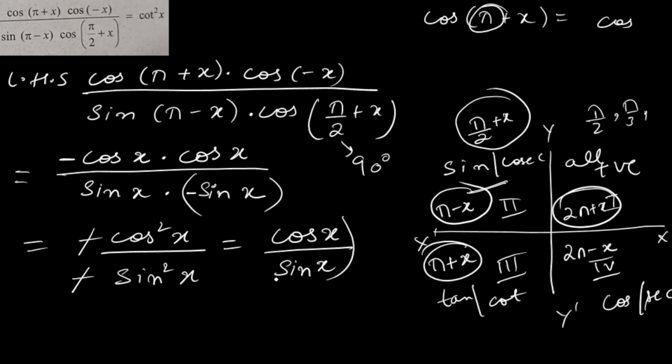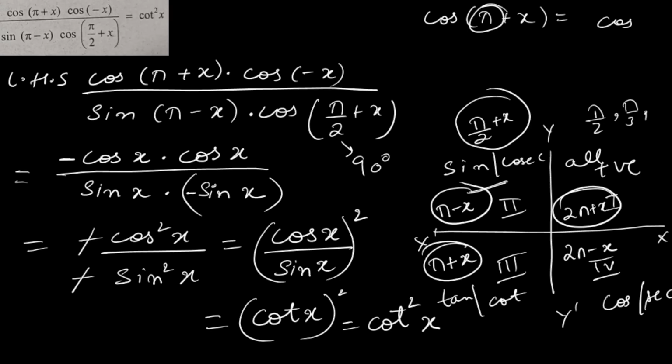Cos by sine, we know it is equals to cot, so I can write it as cot whole square. So cot x whole square, and whole square we know it can be written on trigonometric function as well. So this I got equals to cot square x, which is equals to our right hand side also. So hence proved. Let's do question number 9th.